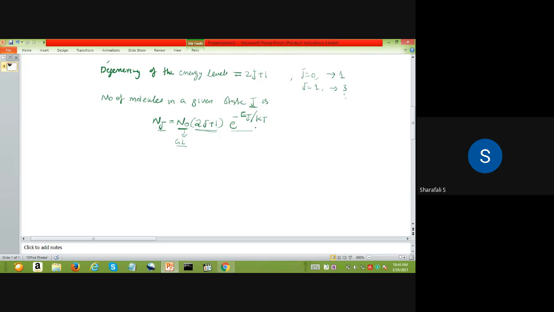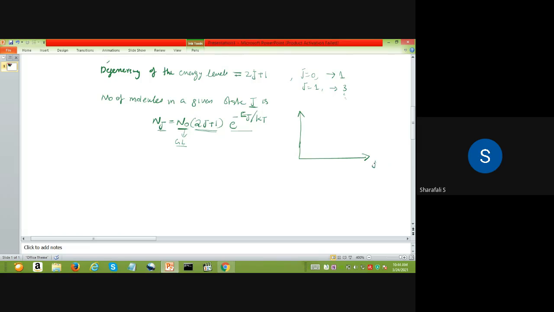Now, if you calculate this value, initially it was thought that only e raised to minus EJ by kT would affect this NJ, but it was not experimentally correct. If you plot these values with respect to J, we will get a curve like this.